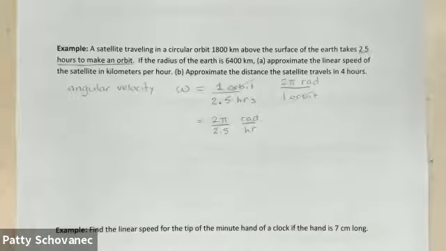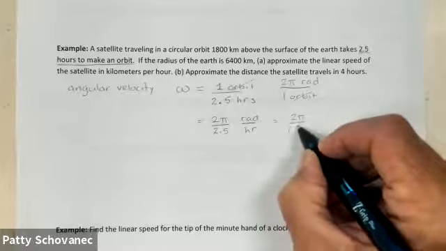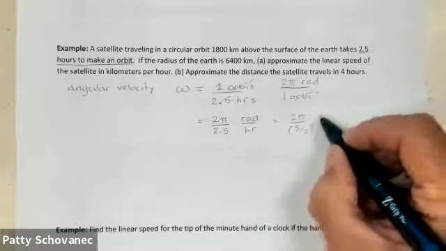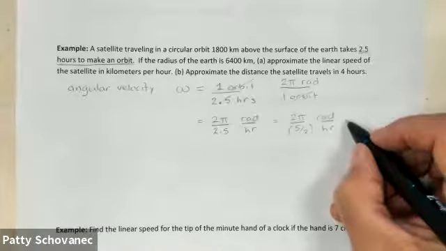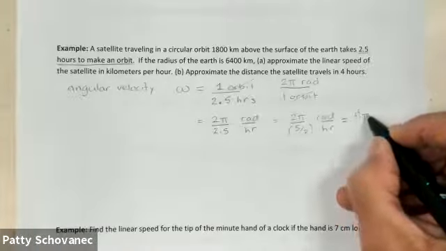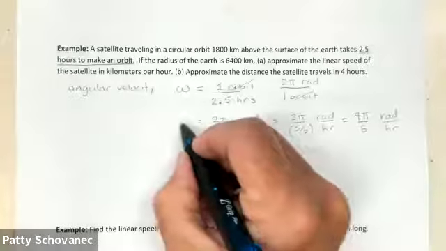I'm going to write 2.5 as 5 halves. So I've got 2 pi divided by 5 halves. I flip and multiply and get 4 pi over 5 radians per hour as omega.